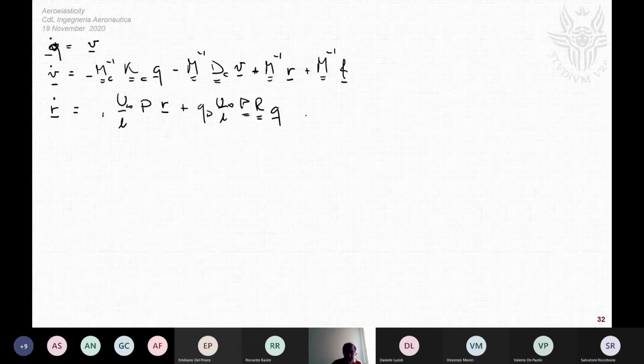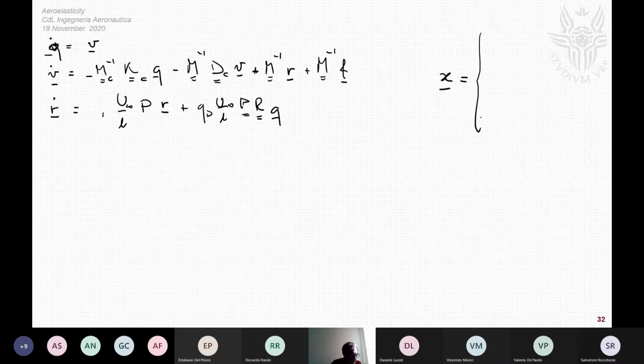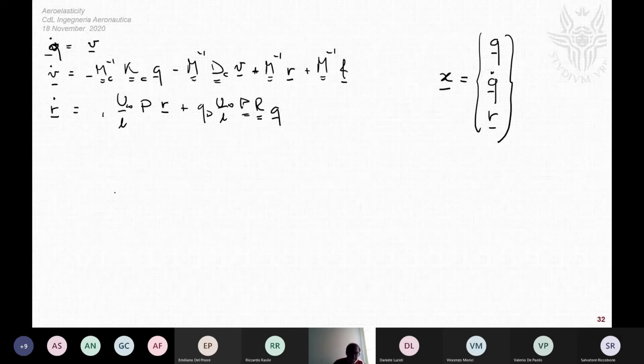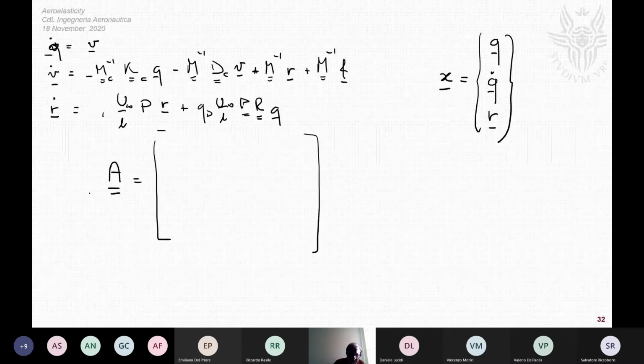In other words, in a state space form, we have the following. If we introduce the state space vector defined like Q, V, and R, in the MATLAB style, we have a state space matrix A, which is 3n by 3n.